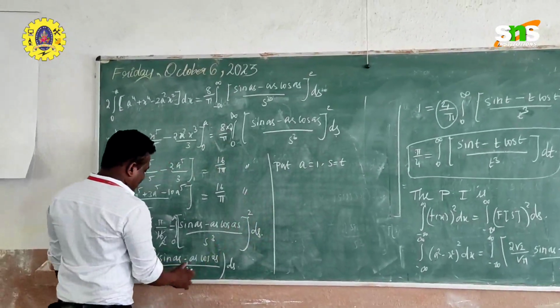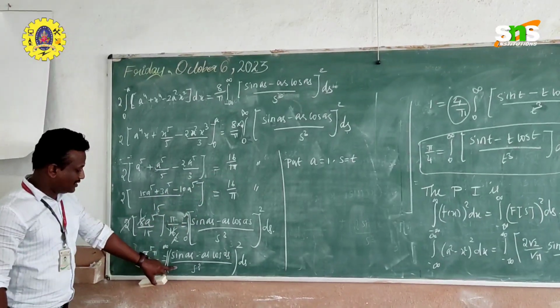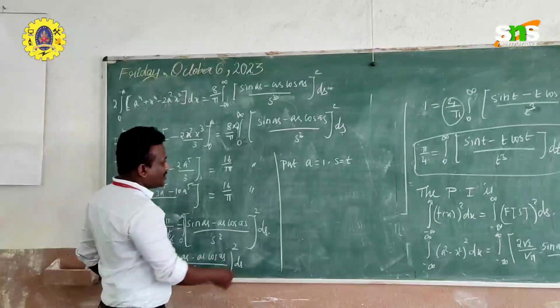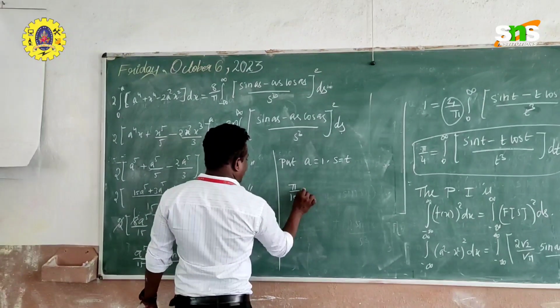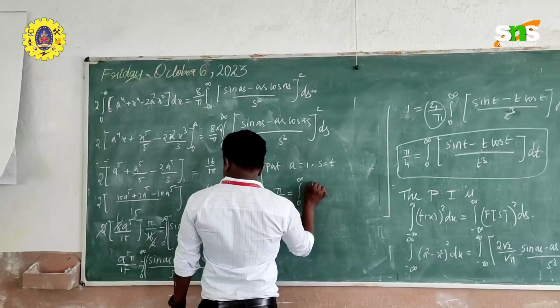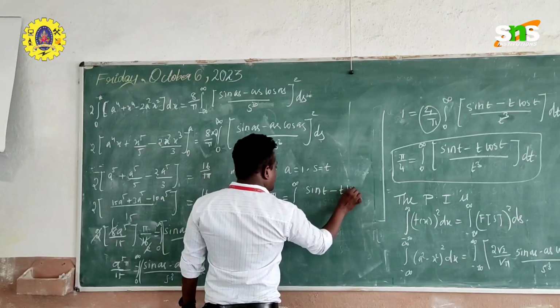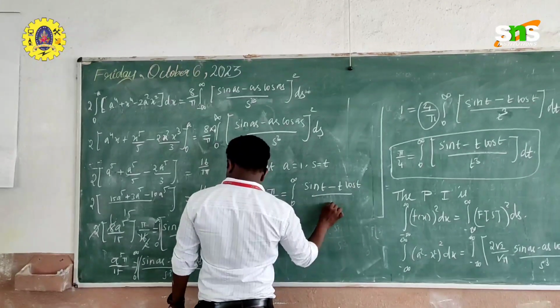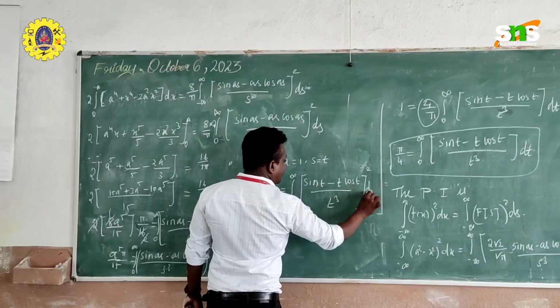So when you replace these in this step, what happened here? A is 1, so pi divided by 15 is equal to the integral from 0 to infinity of sin t minus t cos t, the whole divided by t cube, the whole square, into dt.